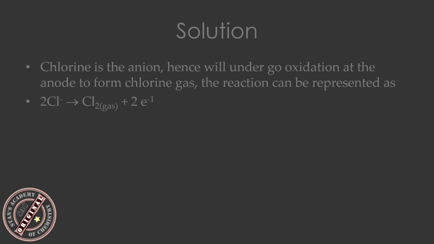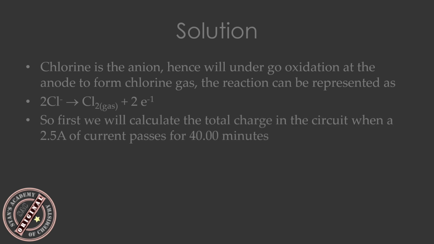Chloride is an anion, therefore it goes towards the anode, where it gives up its electron and changes into chlorine gas. So the reaction at the anode is 2Cl- gives you Cl2 plus 2 electrons. First we will calculate the total charge in the circuit. n_e = It/F.